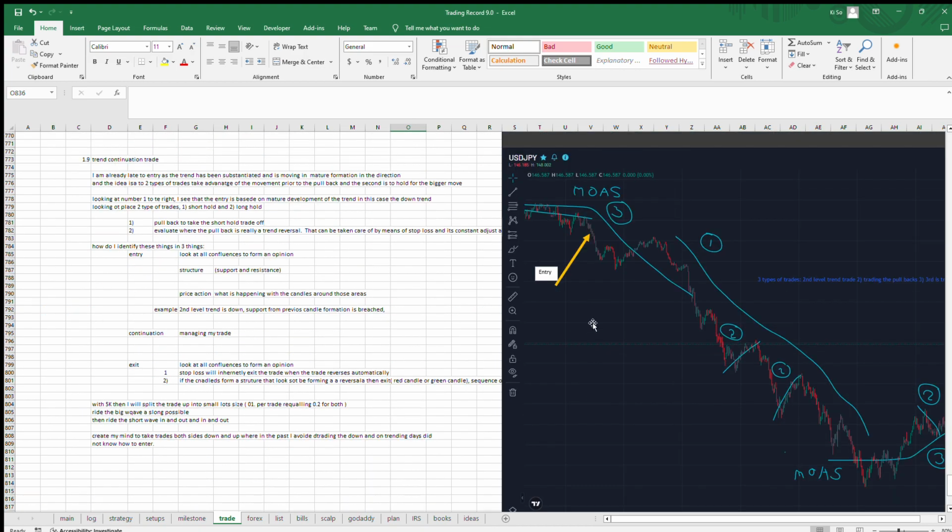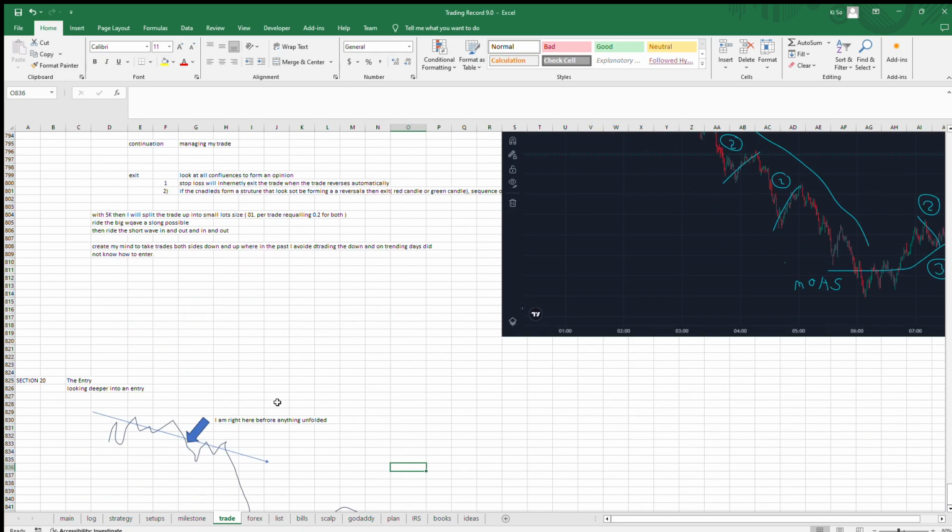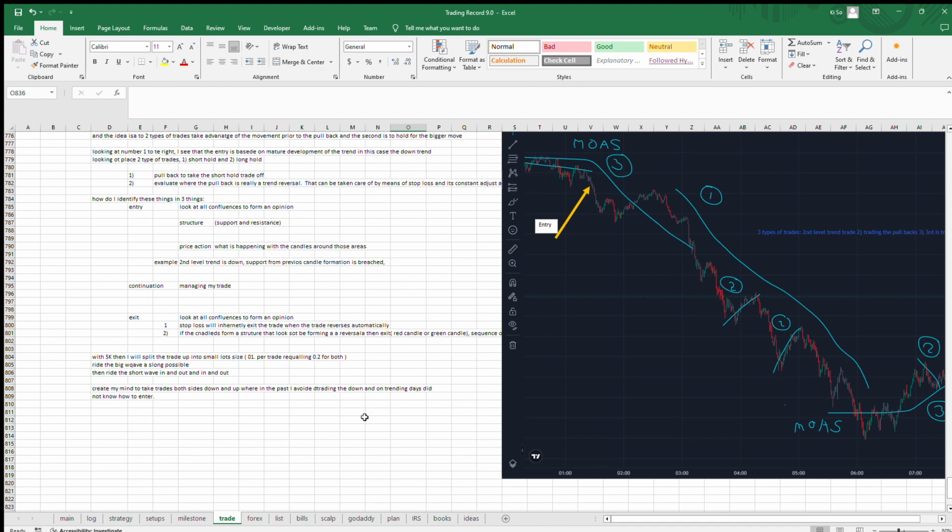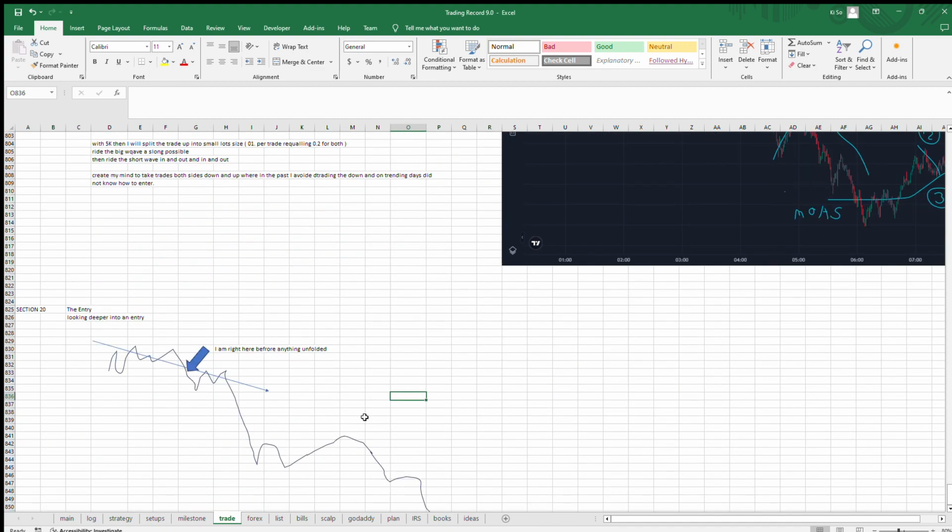So it pops up, takes out my stop loss, and then starts dropping back. That's the fear component of how the trade manifests.